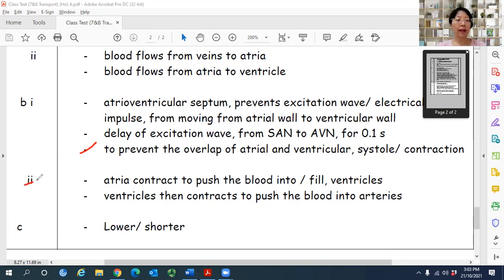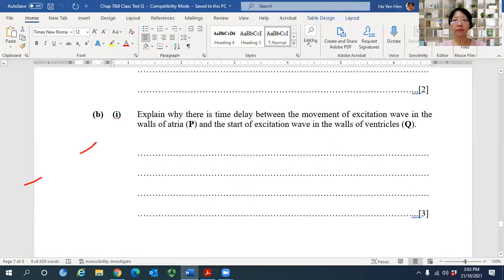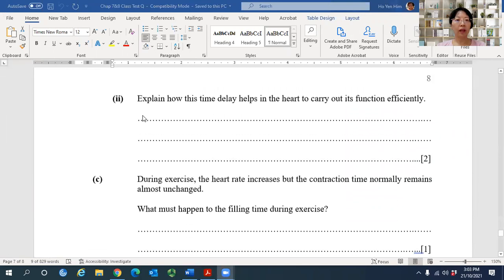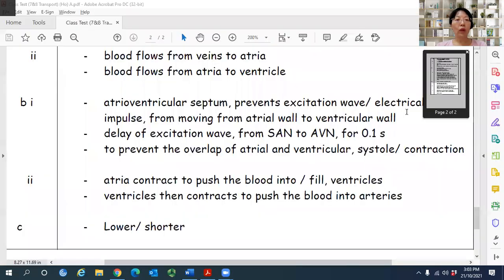All right. So part 2. Explain how this time delay helps the heart to carry out its function efficiently. So this time delay will allow, when the atria contract, the ventricle to relax, right? So that will allow atrial contraction to push the blood into the ventricle, or it will allow the blood to fill the ventricle.